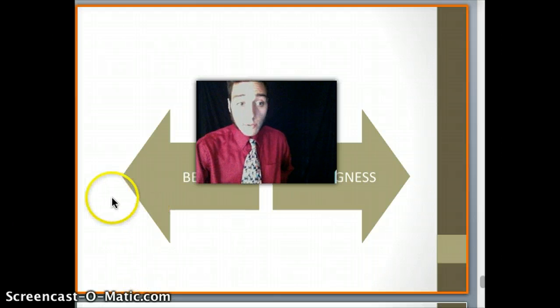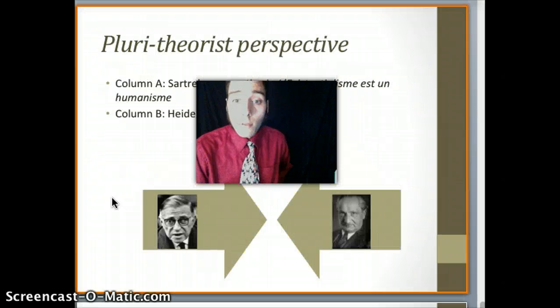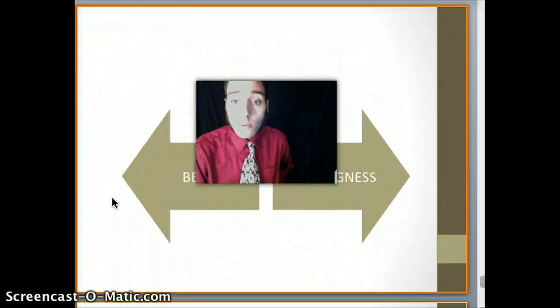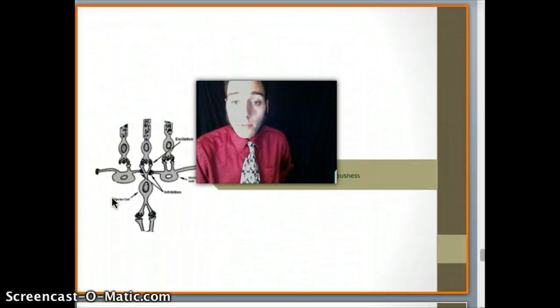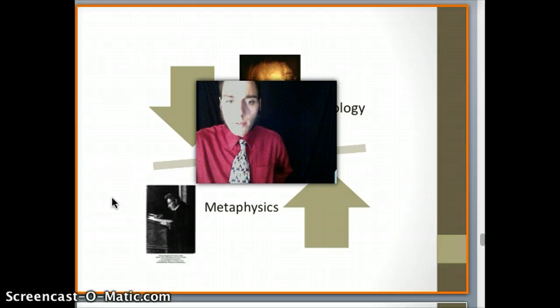So the division between these two theorists relative to metaphysics versus ontology, the perspective that I'm going to support in my writing is more so an atheistic ontological perspective as opposed to a metaphysical perspective.